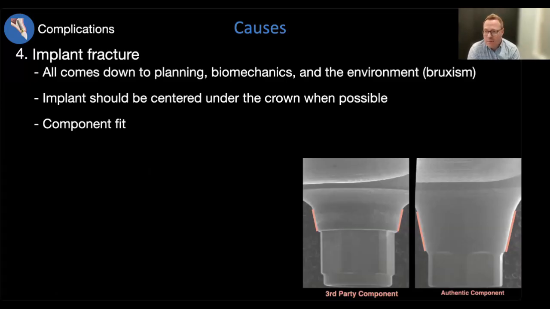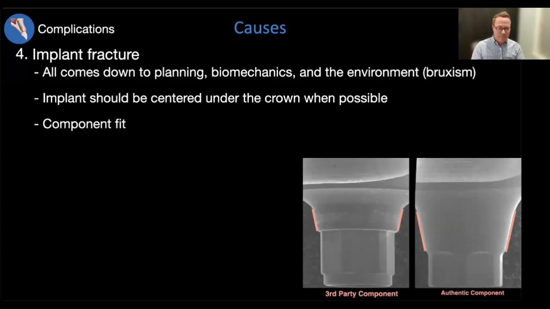Of course, we already talked about this, but the fit of components is another great area to understand, that we want something that's designed to fit properly with the implant. So whatever implant system comes into your office that you're making a new crown, that's where I suggest using an authentic part. And that's because the parts that are made by the companies that make the implants are designed to fit together. They know all the tolerances.